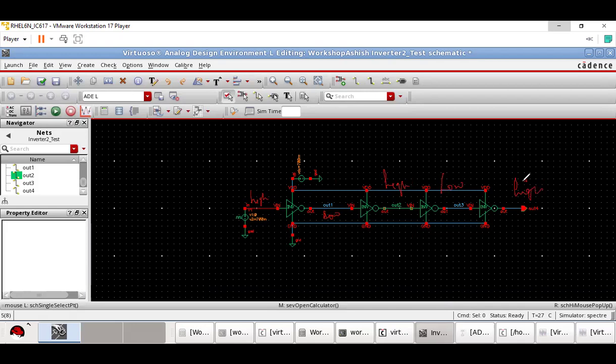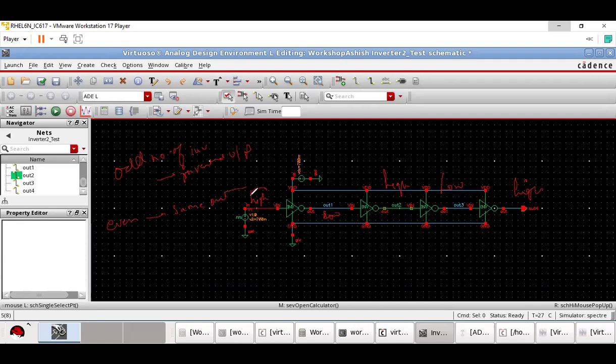In inverters chain, it is very clear that if you are having odd number of inverters, then you will be having inverted output. If you have even number of inverters, then you are supposed to have the same output.